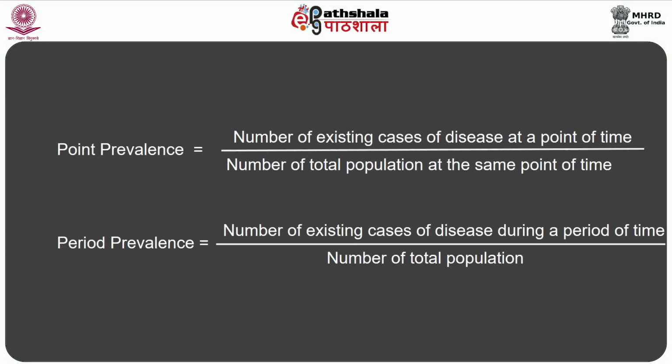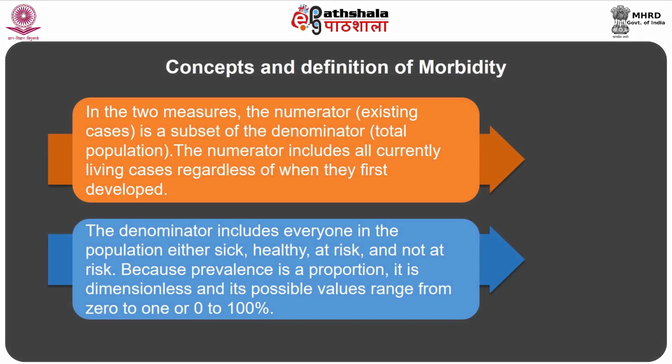Point prevalence equals the number of existing cases of disease at a point of time divided by the total population at the same point of time. Period prevalence equals the number of existing cases of disease during a period of time divided by the total population. In the two measures, the numerator, existing cases, is a subset of the denominator, total population.